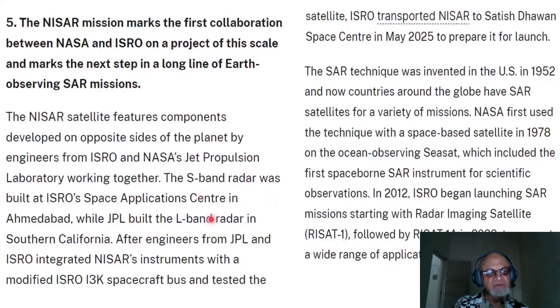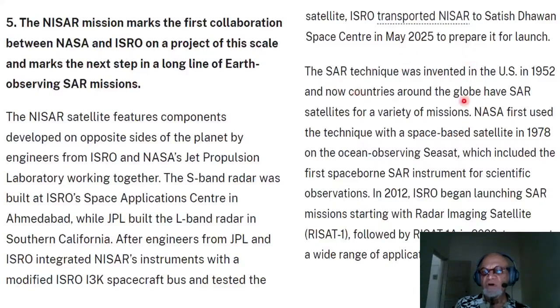The S-band radar was built at ISRO's Space Applications Center in Ahmedabad, while JPL built the L-band radar in Southern California around Caltech in Pasadena, after engineers from JPL and ISRO integrated NISAR's instruments with a modified ISRO I-3K spacecraft bus and tested the satellite. ISRO transported NISAR to Satish Dhawan Space Center in May 2025 to prepare it for launch. We'll be monitoring it tomorrow.